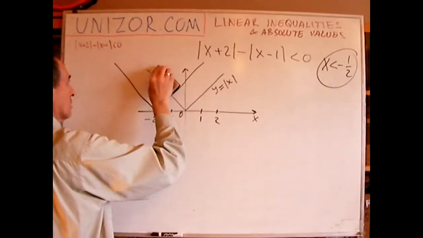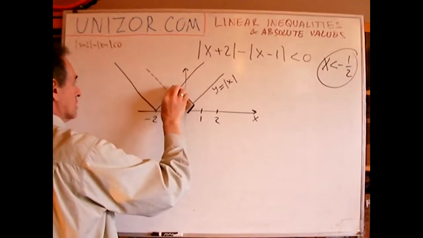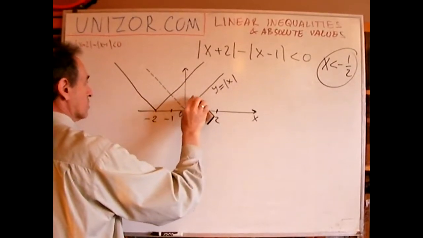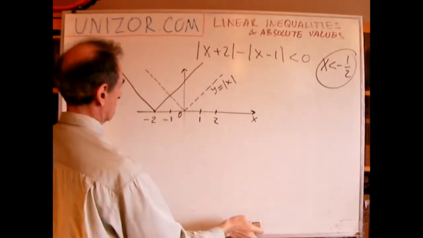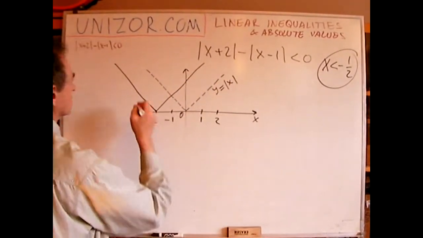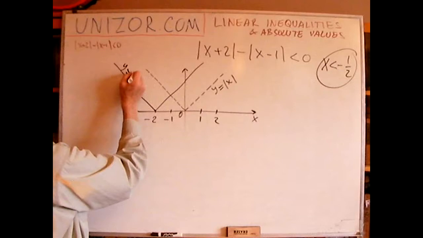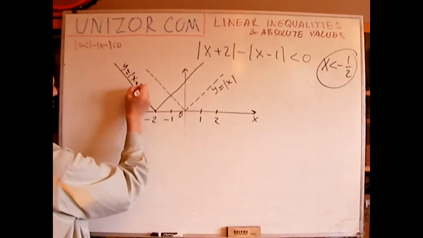This is the original, which is just used to shift it. So this is y equals absolute value of x plus 2.